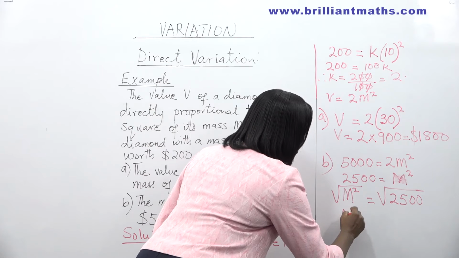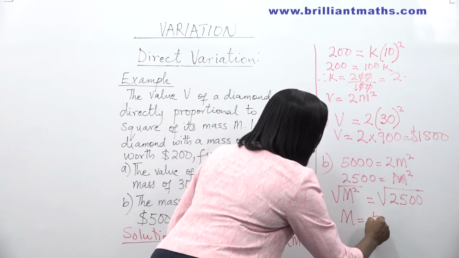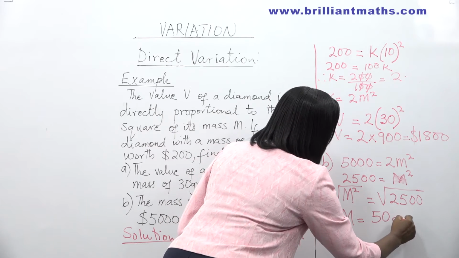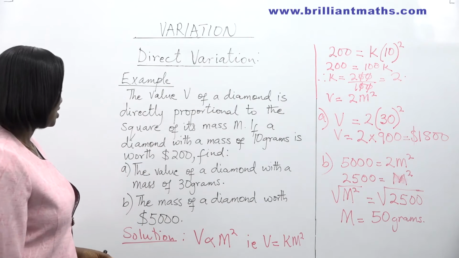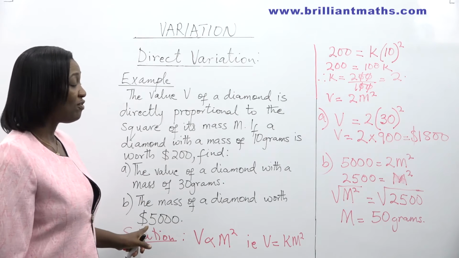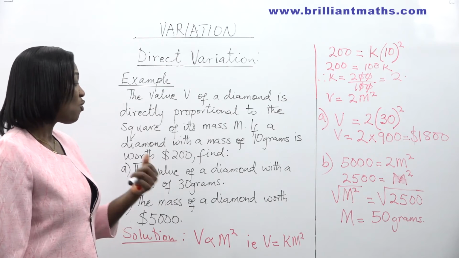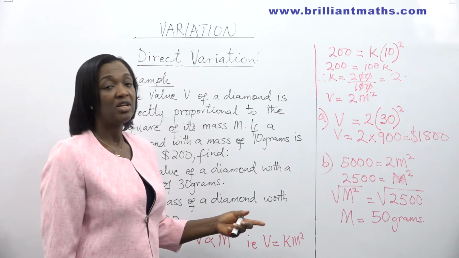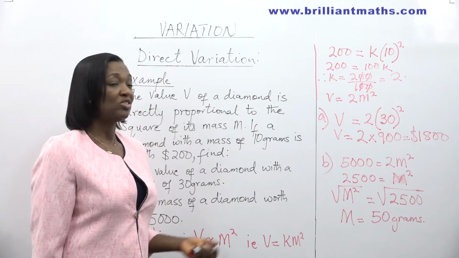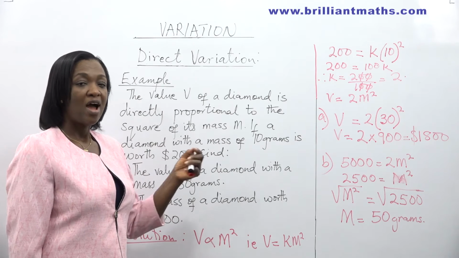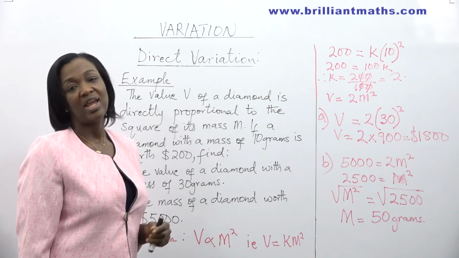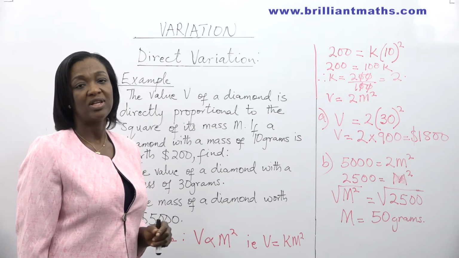So m is equal to 50 grams. That means that the diamond that is worth $5,000 weighs 50 grams. Interesting. Feel free to stop the video at any time and listen to it again so you will actually understand.